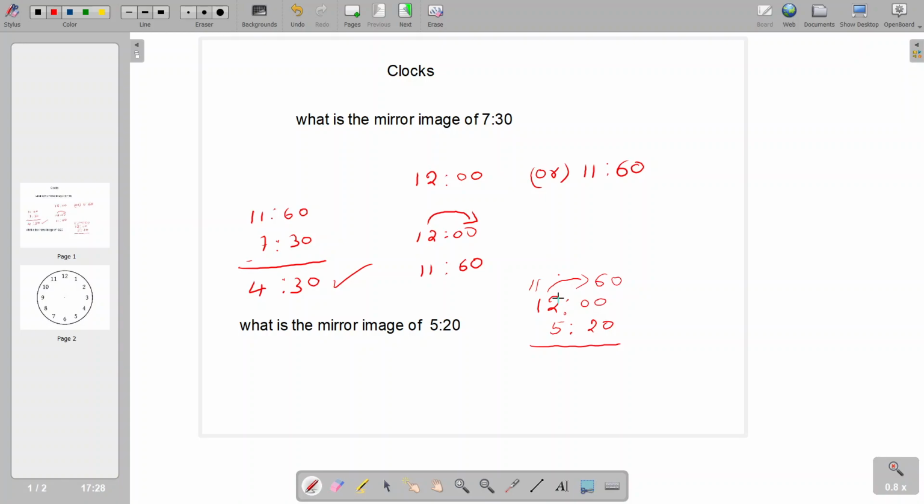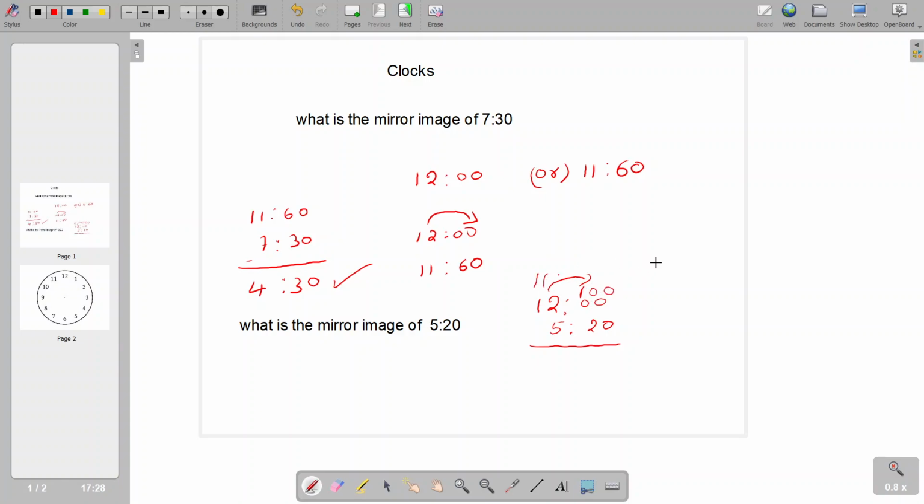And why I am saying to take 11:60 instead of 12 is that most of the students make mistakes here. They will take a borrow, and instead of writing 60, they will write 100.